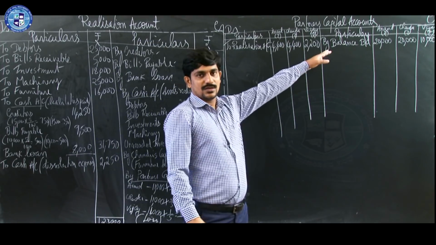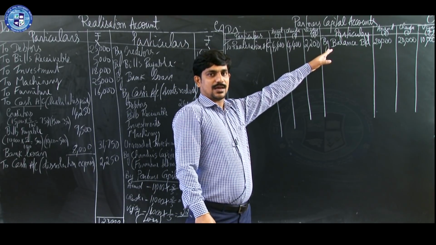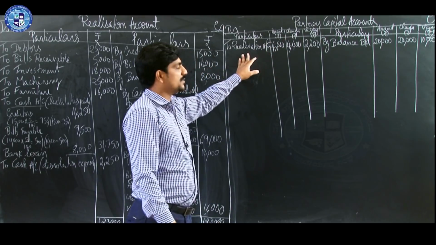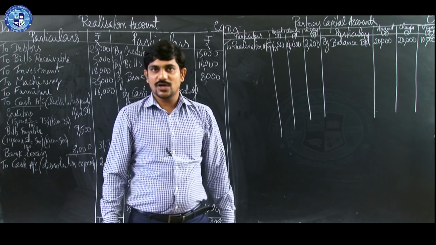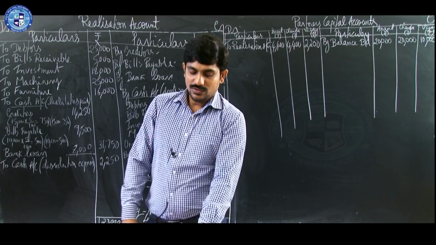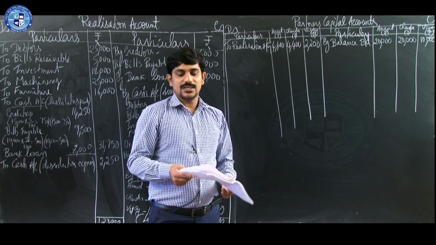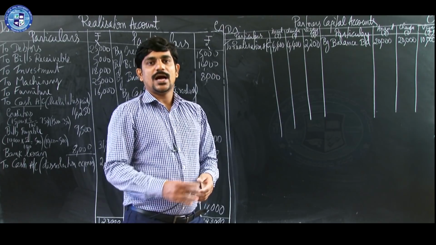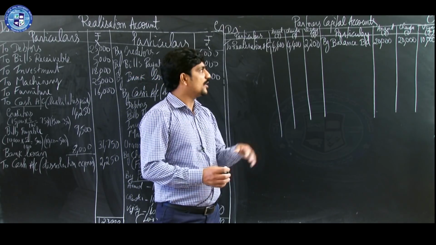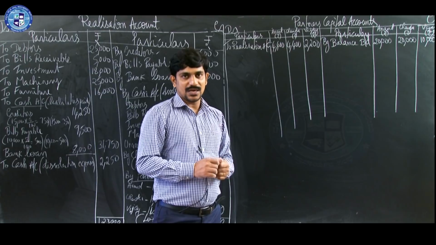First step is to record the partners' capital balance. Second step is to record the realization account profit or loss. Now the third step: from the balance sheet, if any reserve or undistributed profit or loss is there, that also you have to distribute among the partners.